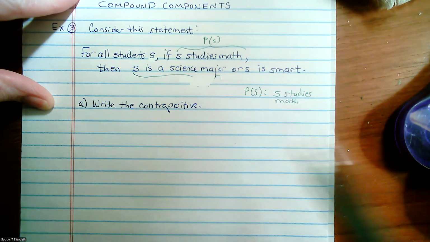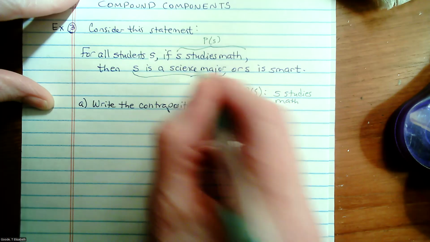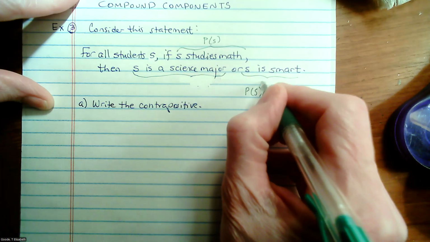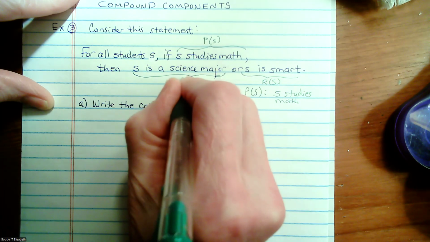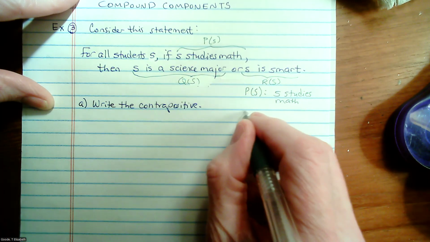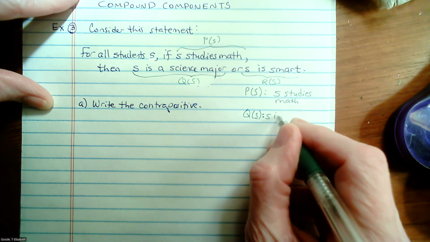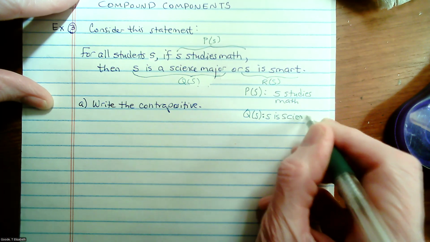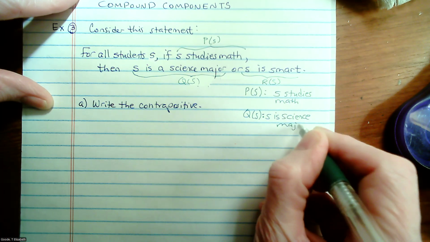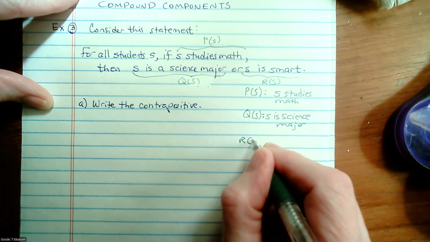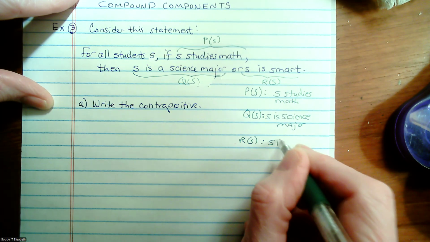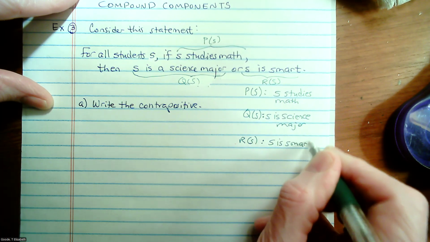And we're breaking it up because it has the or operator, right? So Q of S would be S is a science major, and then R of S could be S is smart.